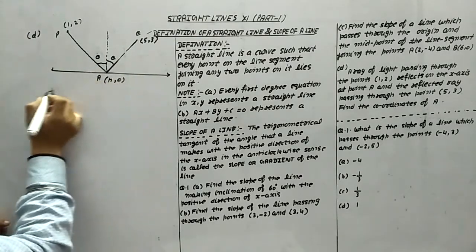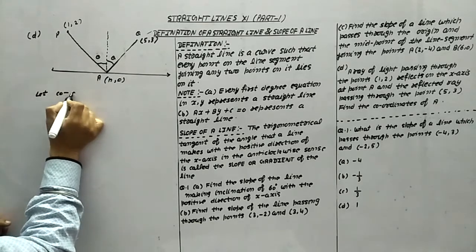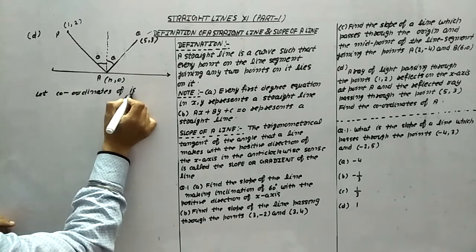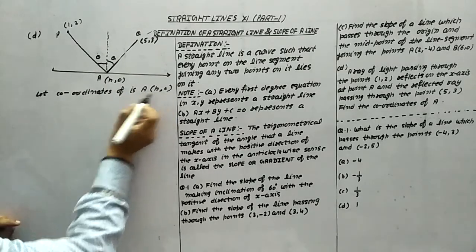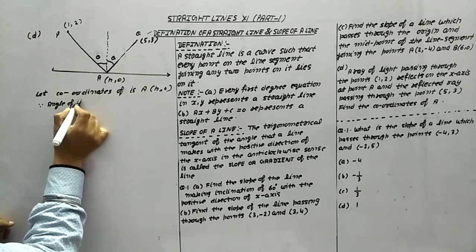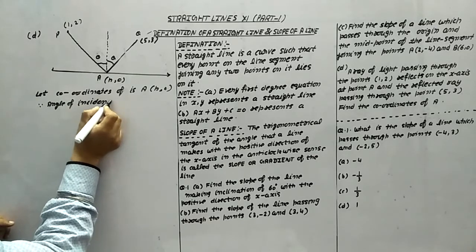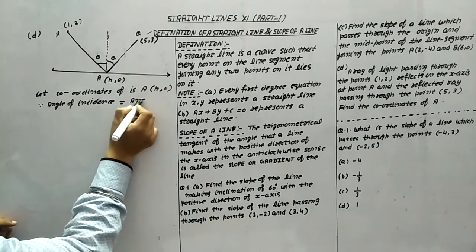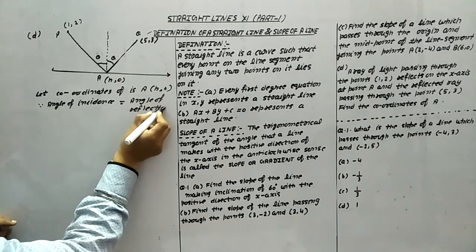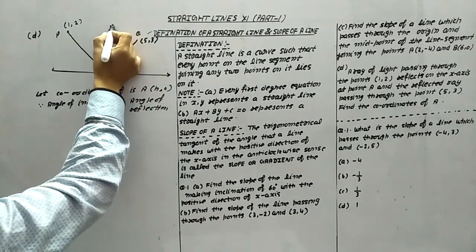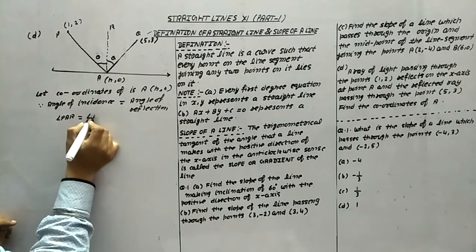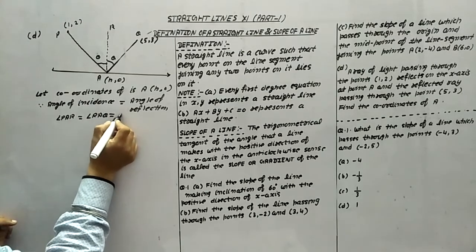First of all, let the coordinates of A be (h, 0), and because the angle of incidence is equal to the angle of reflection, angle PAR must be equal to angle RAQ, which is theta.